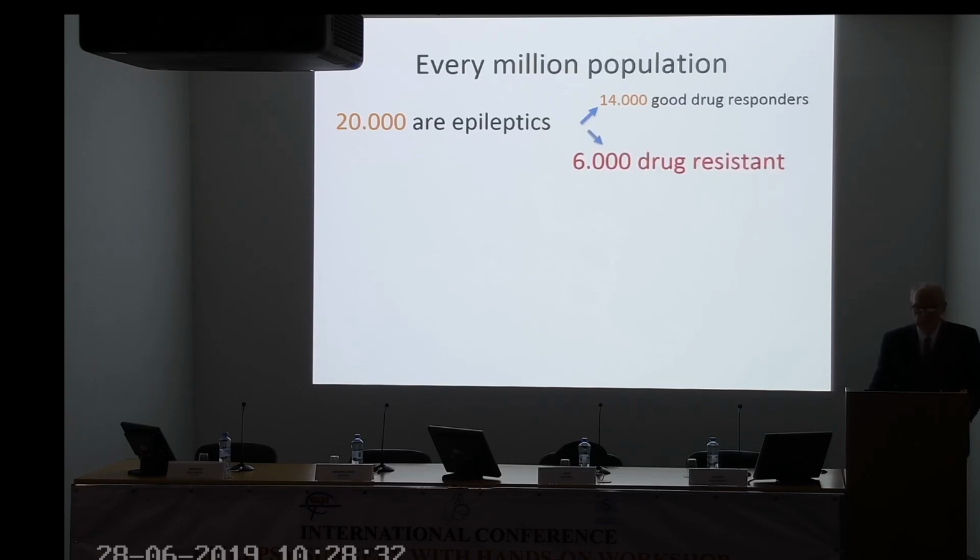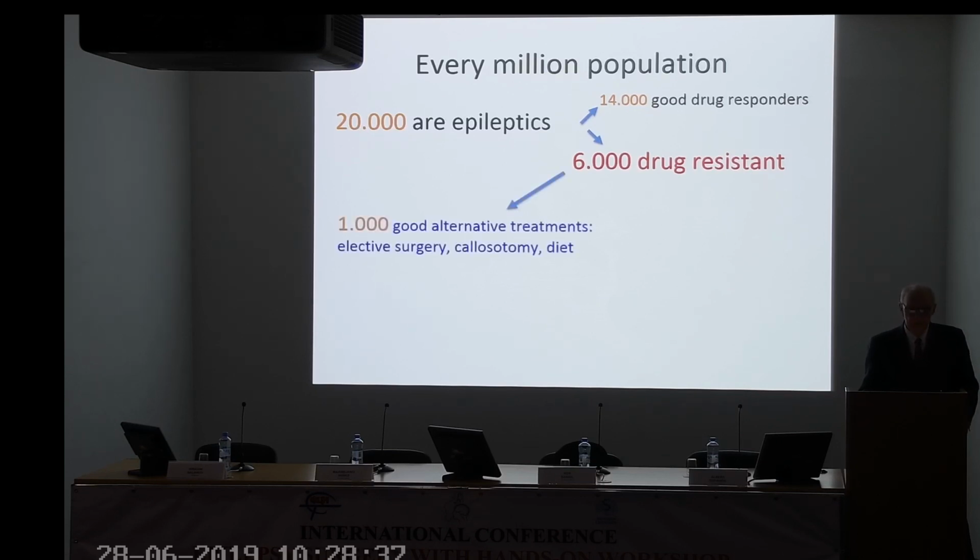But 6,000 are not responders. And generally 1,000 among them have a good alternative treatment, that is elective resective surgery, either amygdalohippocampectomy for temporal lobe epilepsy or for extratemporal epilepsy. You can do some other treatment like callosotomy, diet, functional hemispherectomy, and so on. But the problem is that a lot of epileptics are actually without cure.